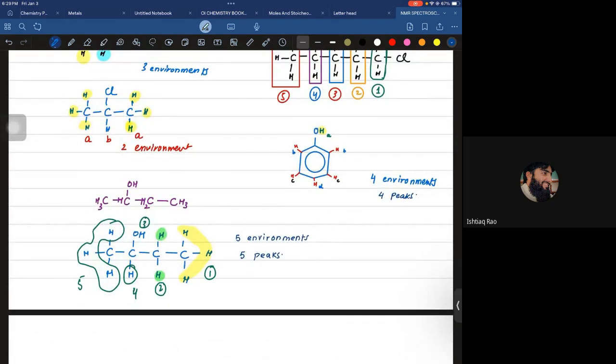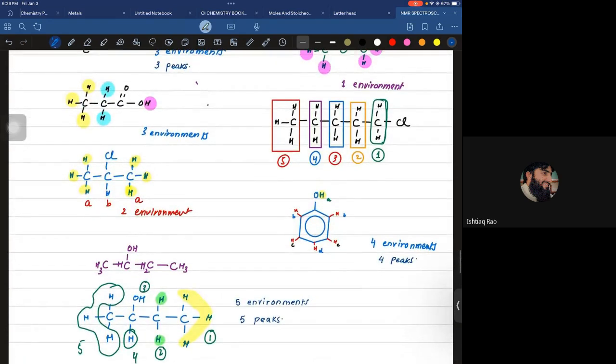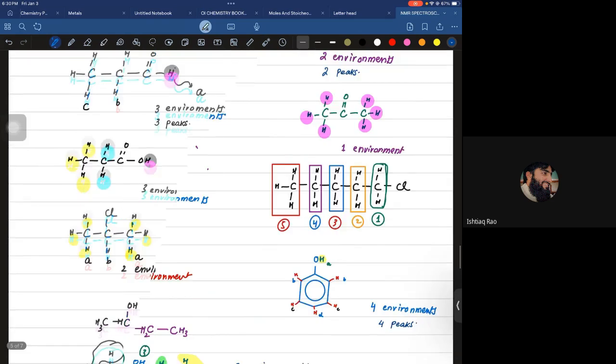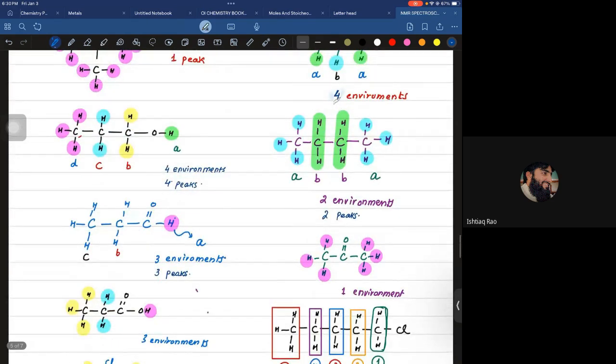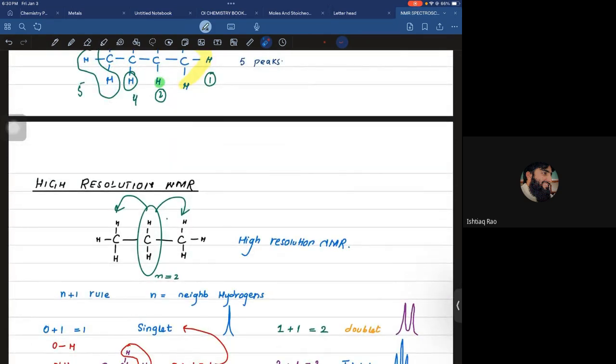Then after discussing this number of environments, और दूसरा ये कि it's the low resolution NMR. On low resolution NMR you can see how we are going to represent different numbers of environments and different numbers of peaks. लेकिन अब I'm going to zoom it.